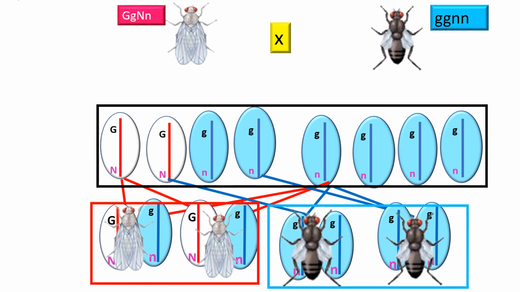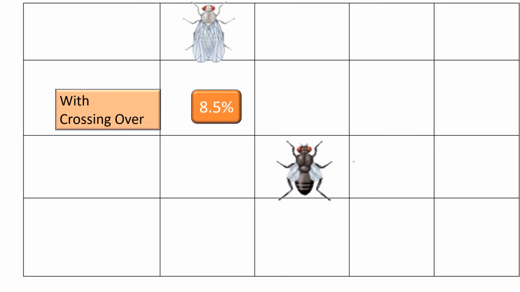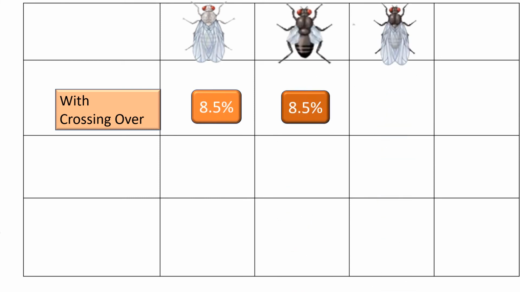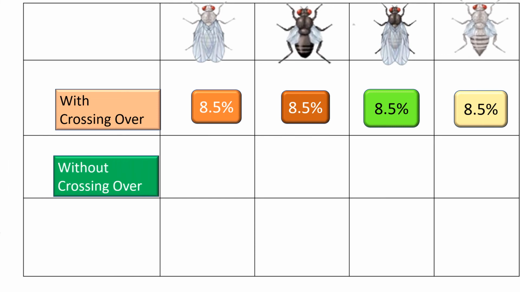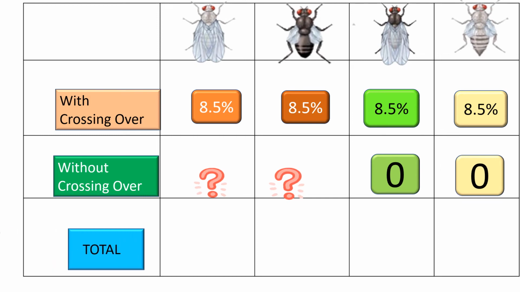Only parental types of flies are resulted, when crossing over does not take place. Now it's clear that parental types of flies are produced in both the instances, with crossing over, as well as without crossing over. Accordingly, flies produced with crossing over, flies produced without crossing over. Total.